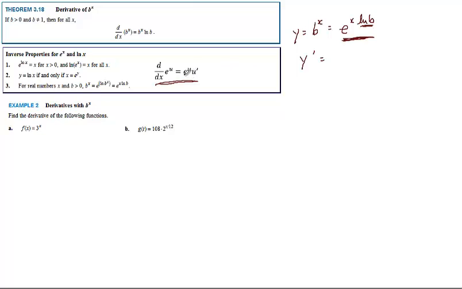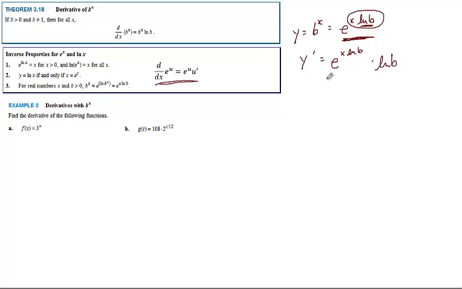So if y equals b to the x, then I can say that y prime is, using the fact that b to the x is equal to e to the x times some constant, e to the u, so that is e to the x natural log of b times the derivative of my u. Now my u in this case is a constant times x, and the derivative of that is just that constant, natural log of b.